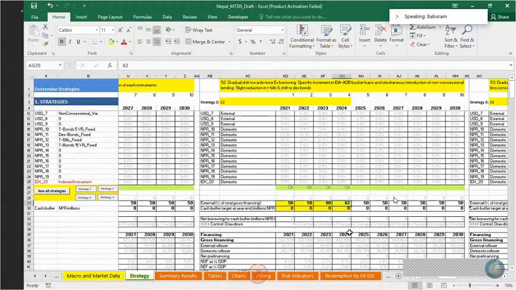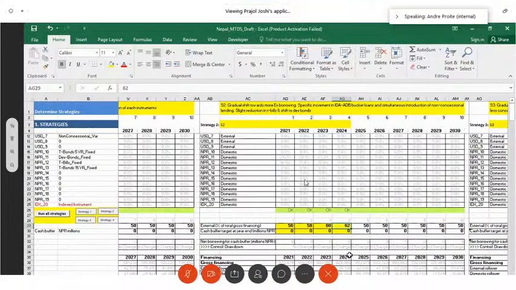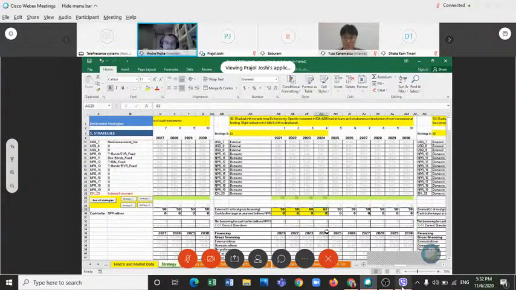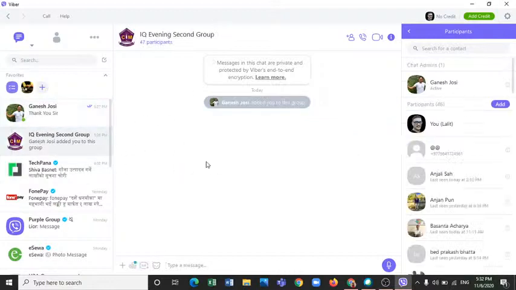I wanted to ask Andre to comment on it. The 62 doesn't mean that your external debt will be 62% of the overall. The operational target we chose here is how much of your gross financing need will be covered by external funding, which has a different implication from the overall stock.